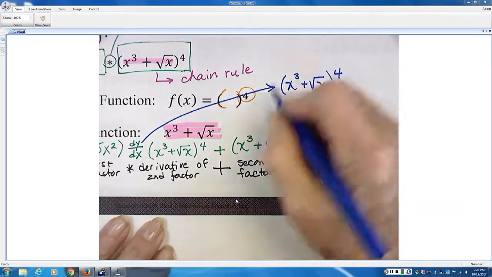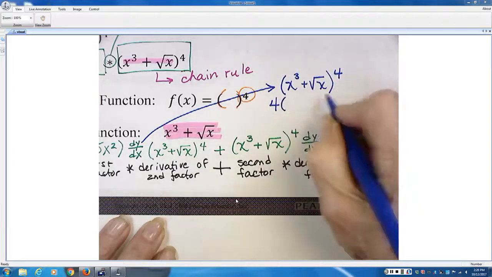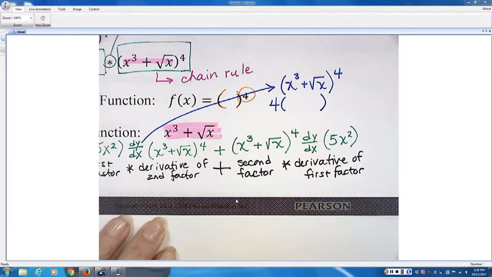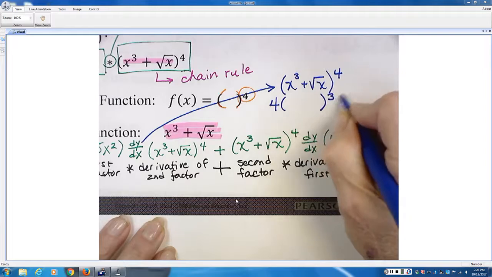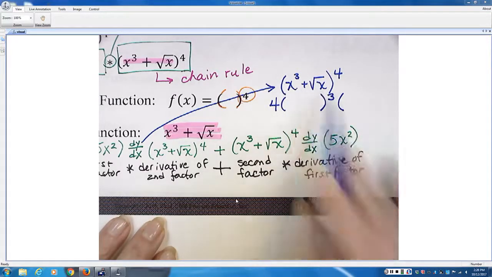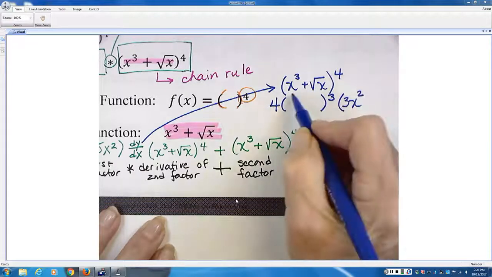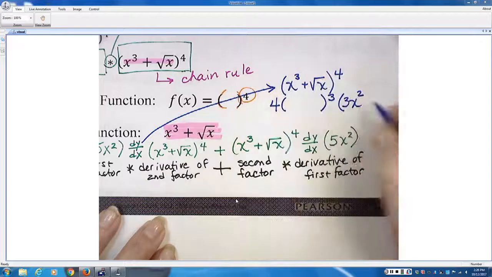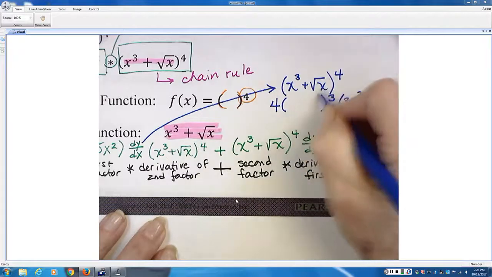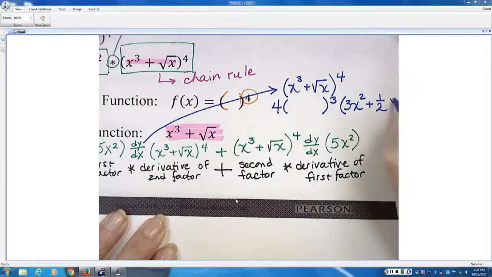And that derivative is 4, because you bring your power down in front, times what's inside the parentheses, reduce your power by 1, and then multiply by the derivative of what was inside the parentheses, which is 3x squared, because 3 comes down in front, times x, and then reduce your power by 1, plus, since that's the square root of x, that's x to the 1/2, so 1/2 times x, and 1/2 minus 1 is negative 1/2. Okay?